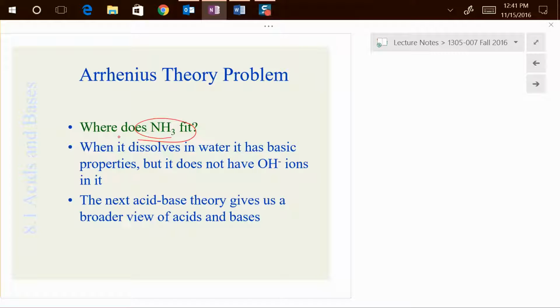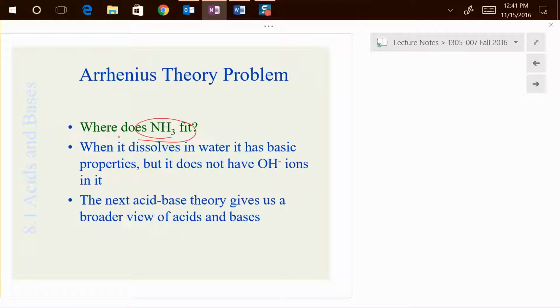There's nowhere on its formula where you have OH ions. So how does it fit? So we have to expand this idea of the definition of a base so that we can put NH3 in there. Because if you measure the pH of NH3, it in fact has a basic pH above 7. So how is that if it doesn't have an OH minus ion to donate to a solution?